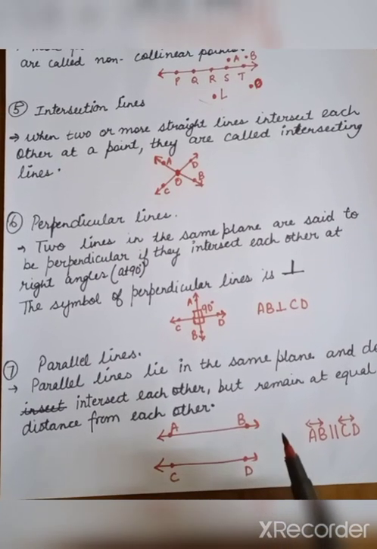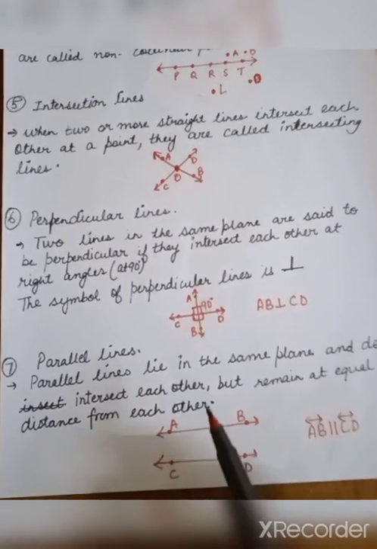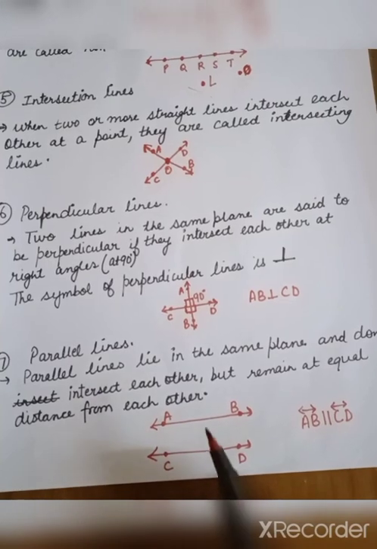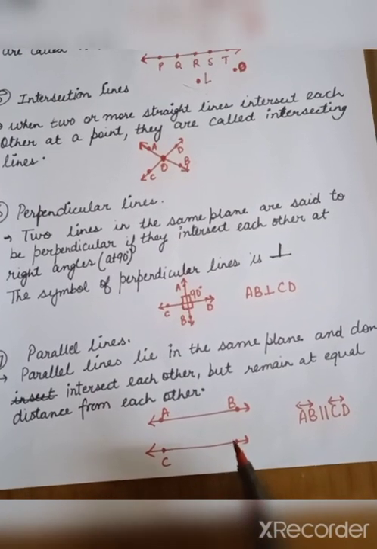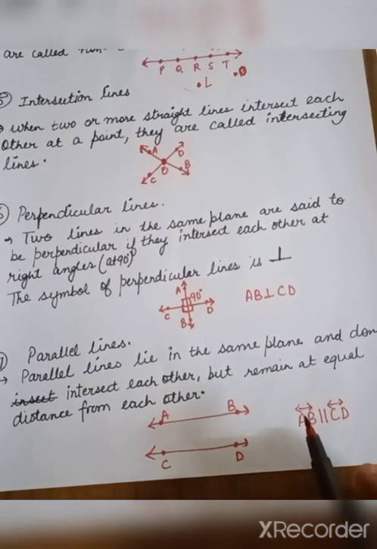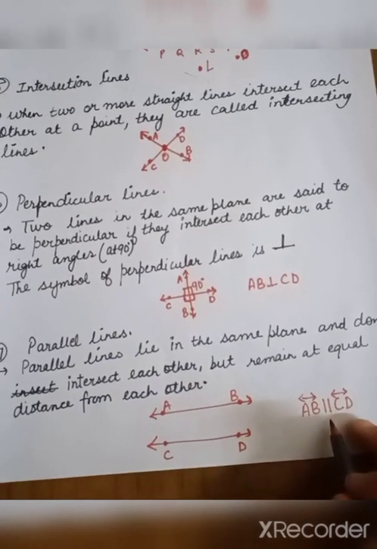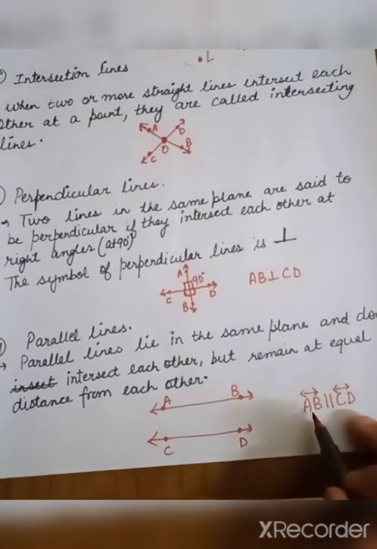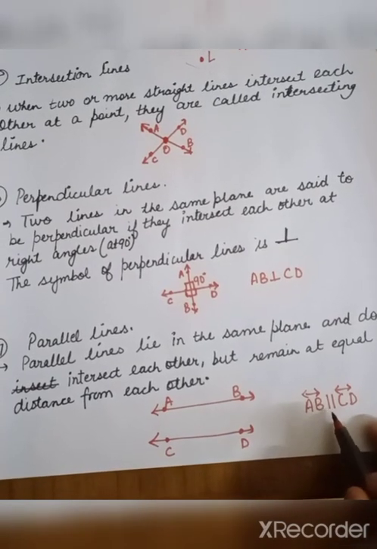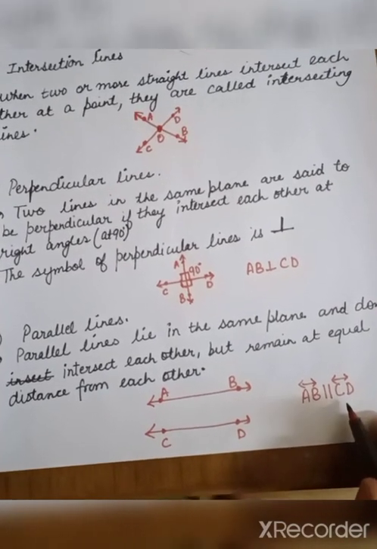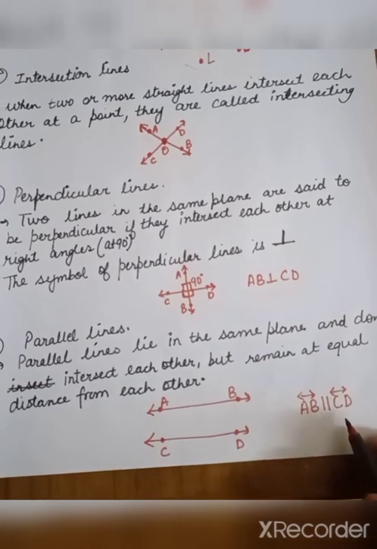So lines AB and CD are parallel to each other. The symbol of parallel lines is like this. So we write line AB parallel to CD. This way we can write this.